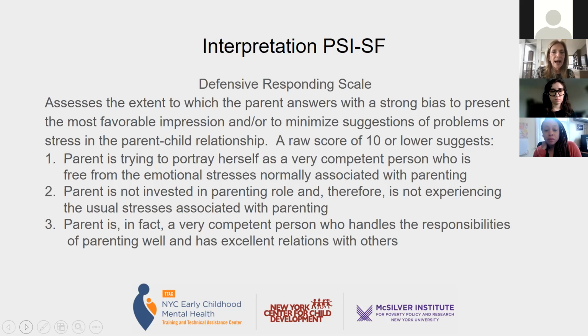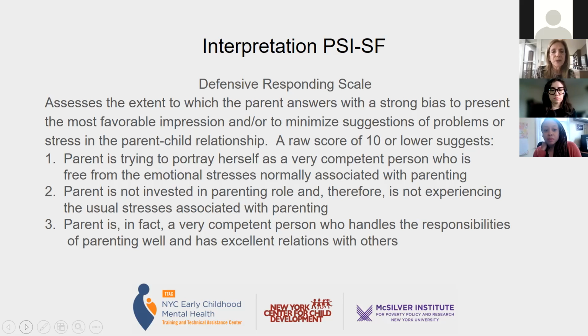Okay. This scale has an interesting subscale, the defensive responding scale. We don't see that on too many other scales. This was intended to help you determine the extent to which a parent may show bias to present themselves in a favorable way and to obscure some of the stresses that are really impacting them.